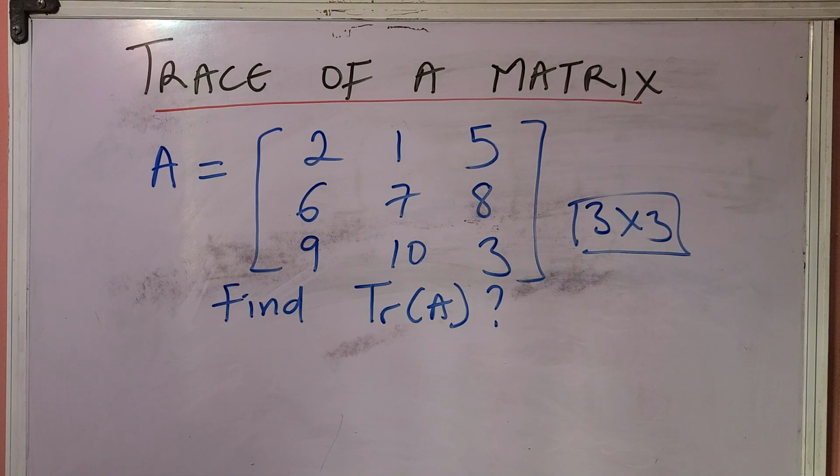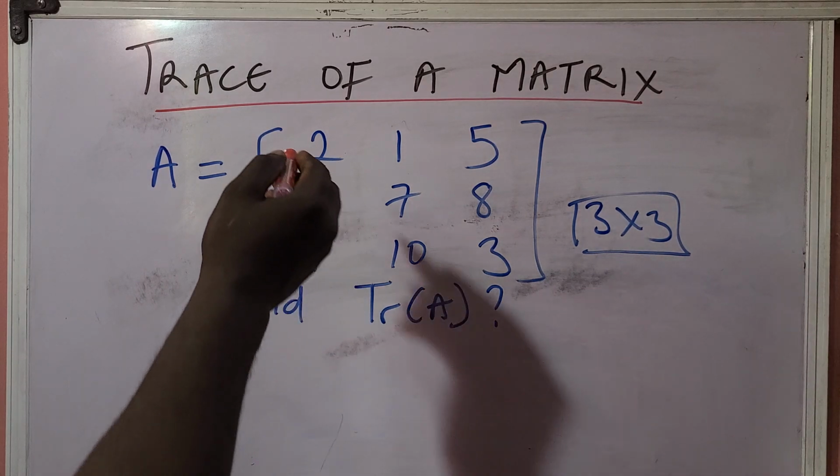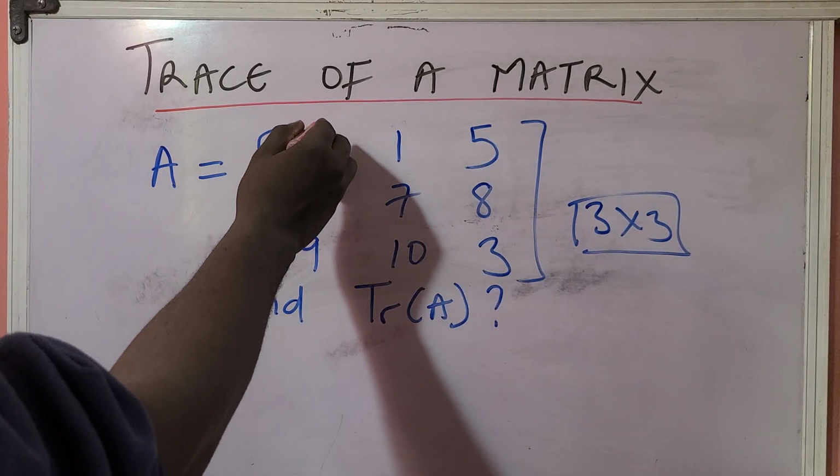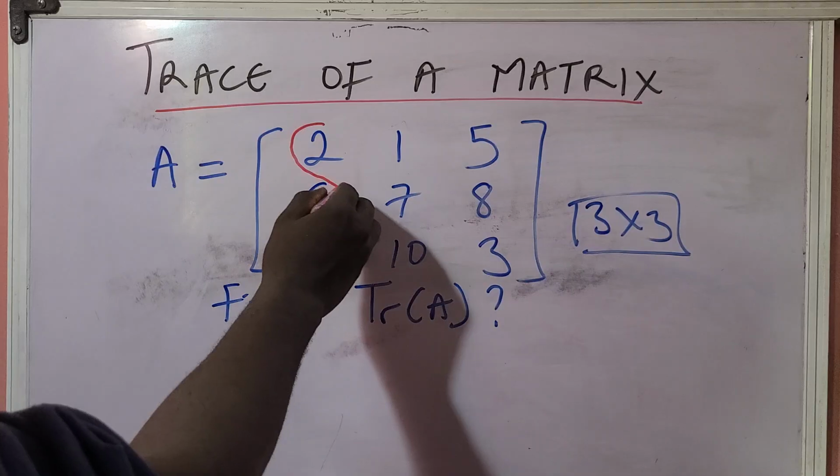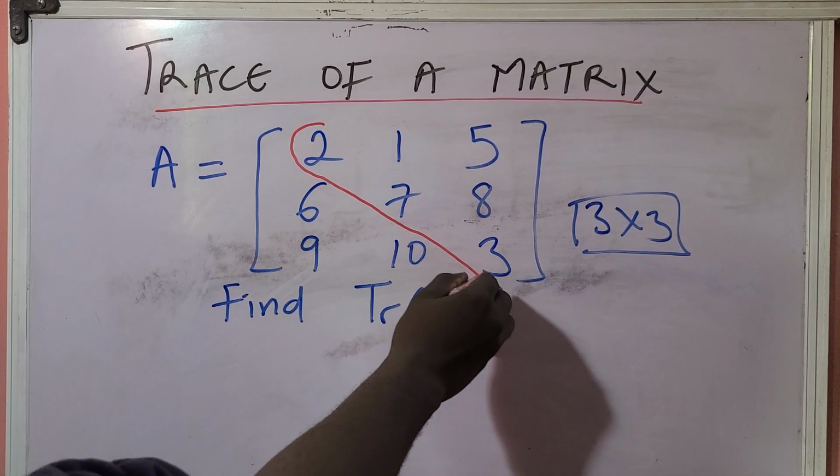So therefore, we can identify the leading diagonal of this matrix. The leading diagonal is often associated with a square matrix. Of course, we have several diagonals, but the leading diagonal is the one that comes from the top left and stems down to the bottom right.